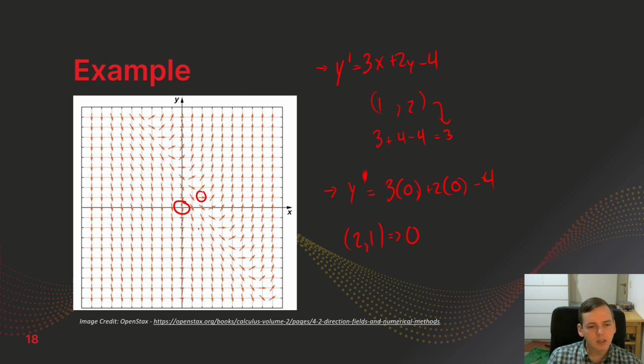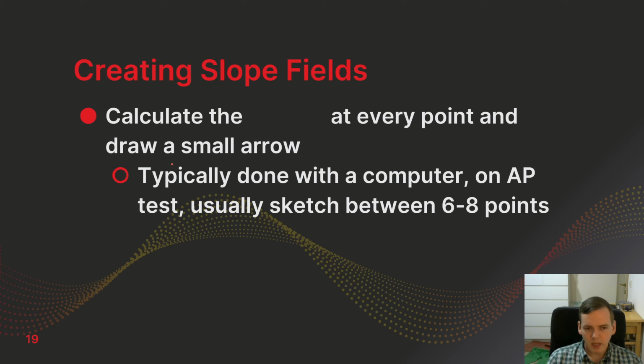So the idea here is you can go through and draw a little arrow for every single point in space that's parallel to what the slope should be at that point. So again, we calculate the slope at every point and draw a small arrow that's parallel to that slope.